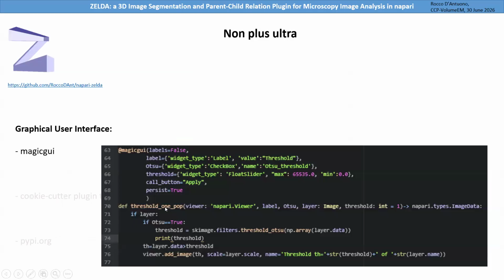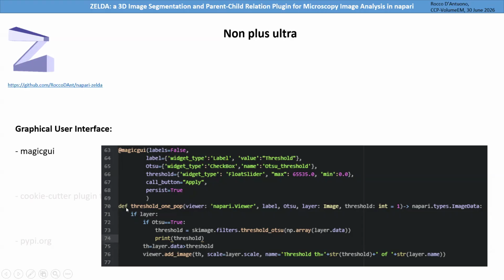Here you have an example of a function. In this case, the block below from line 70 to 77 is creating an image that is the thresholded version of a grayscale image. And you can see that above there is a part of code from line 63 to 69 that is a decorator that says you have to interpret this function with the magicgui library, and one can feed in also elements that might be a label, a checkbox or buttons inside this block.